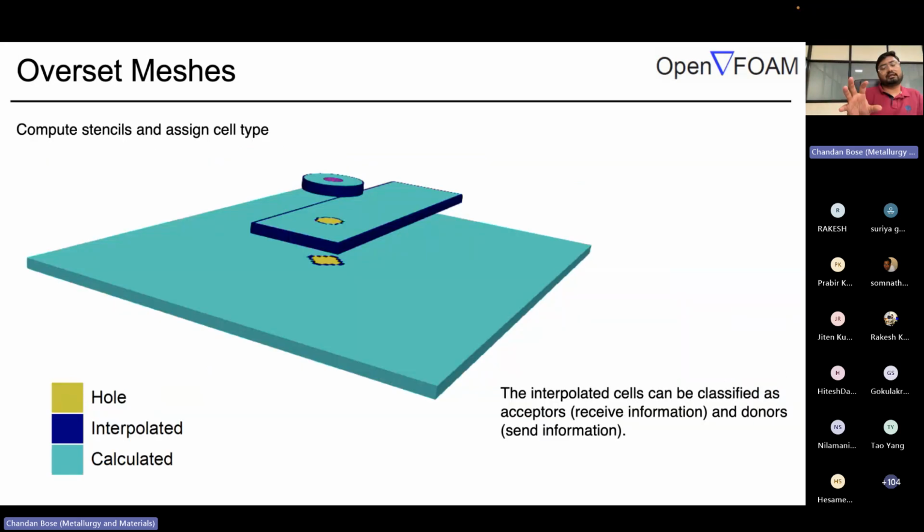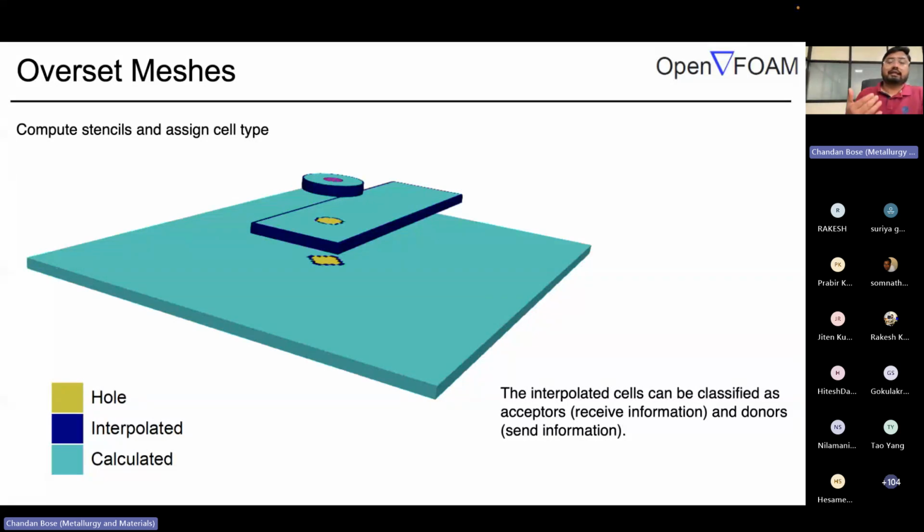However, the interesting concept here is that, architecture-wise, we have three different cell types in the overset zone. One is called hole, which means that no solution is done. We can ignore the solution within the hole region, such as within the cylinder portion, because we are interested in the external aerodynamics of it.